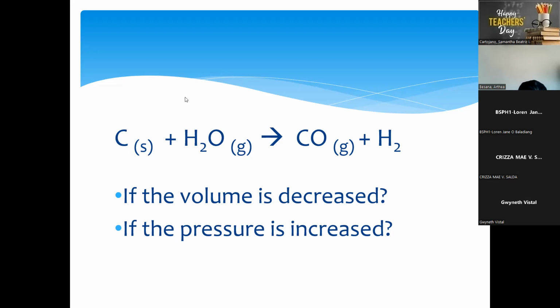So question number 1, if the volume is decreased, where is the shift in the direction of the chemical reaction? Saan yung i-favor niya? To the right or to the left? Let's just have to the right or to the left para mas madali. To the right is syempre going there, and then going backwards is to the left. Okay? Sige, kayo muna.